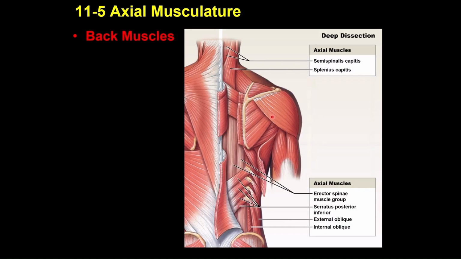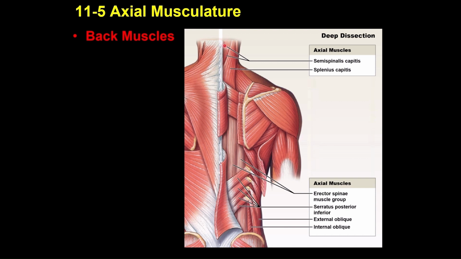Some other muscles were not showing properly, so I added this image. This is the splenius muscle. The splenius muscle causes extension of the spine in that area, and this is a more superficial muscle.